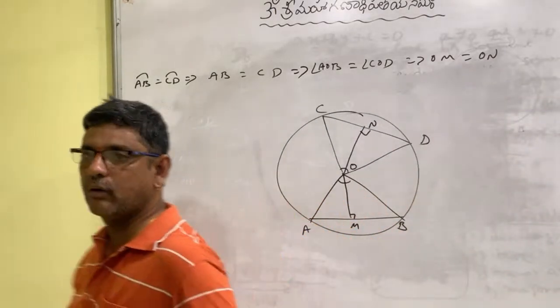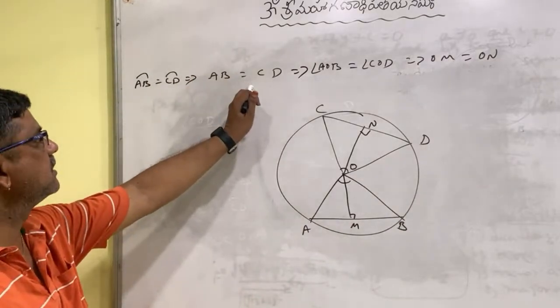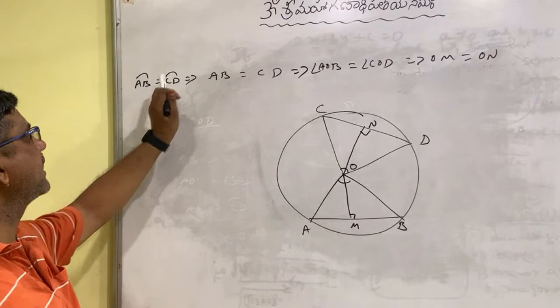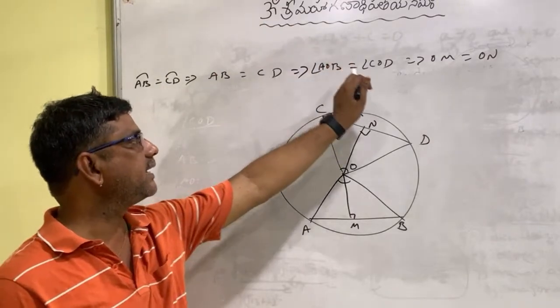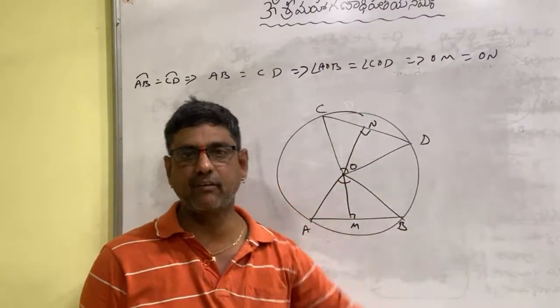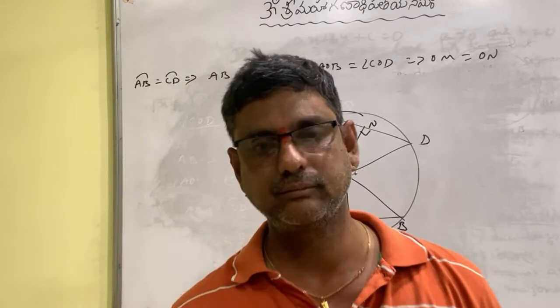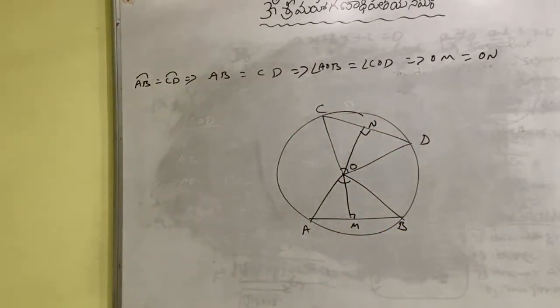This is what we have to understand. Equal arcs make equal chords, equal chords make equal angles, and equal chords are equidistant from the center. Understand, children?